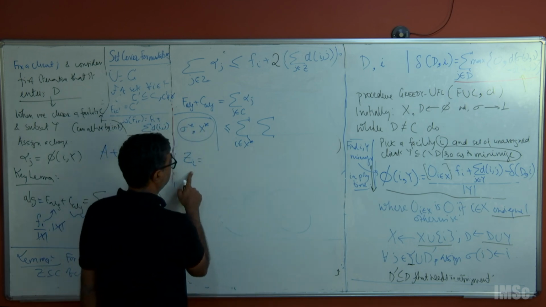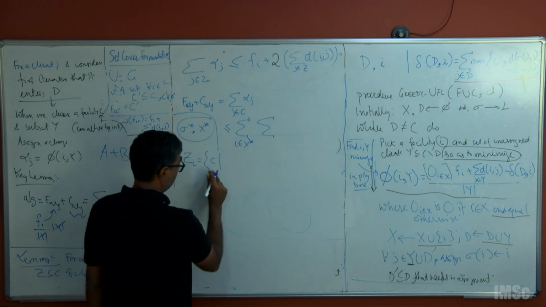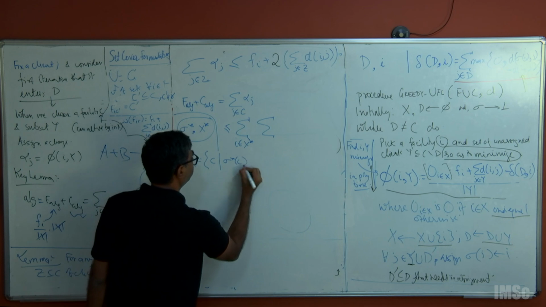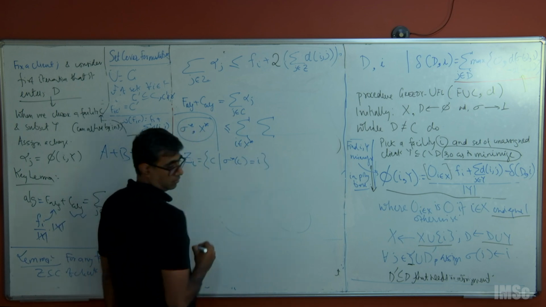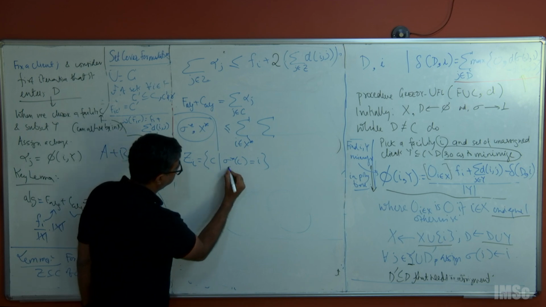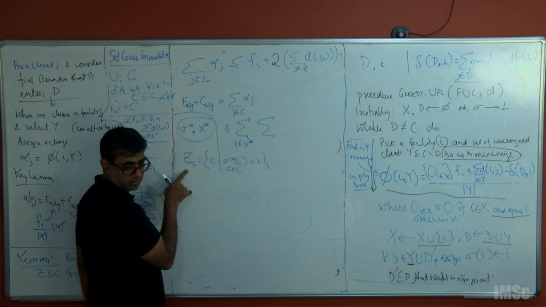So what is Zi? Zi is the set of clients C such that sigma star of C is equal to I. So Zi is those clients C that have been assigned to the ith facility. Okay.